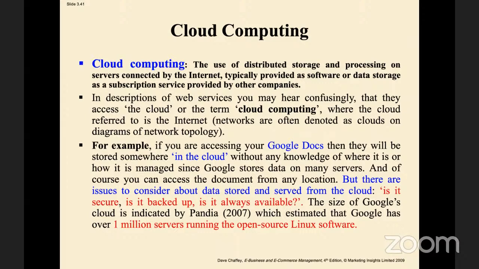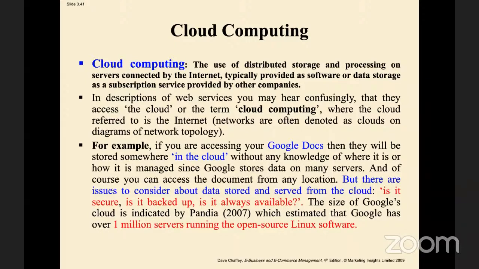When we're talking about internet storage, it is providing the same service. With Google Docs, the documents and files that you are storing are being stored in the cloud, somewhere, without any knowledge of where it is or how it is managed, since Google stores data on many servers.